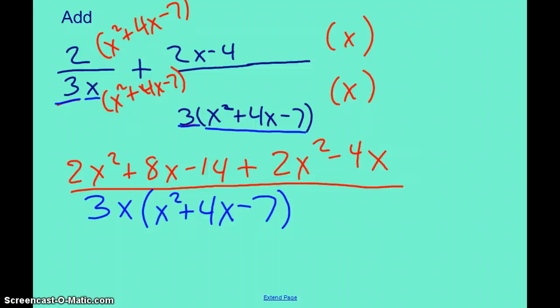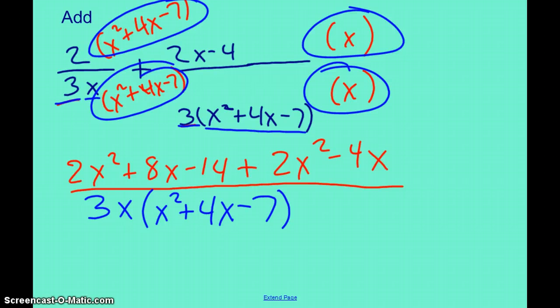The 3 was shared, the x wasn't. So that's where this x is coming in. The x squared plus 4x minus 7 was not shared. That's where it came in. So now I have a common denominator. I put my tops together, 4x squared, 8x minus 4x is 4x, minus 14 is by itself.